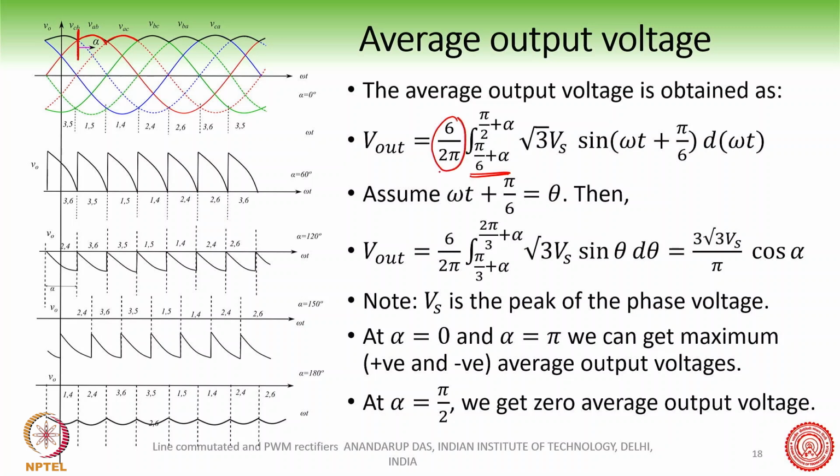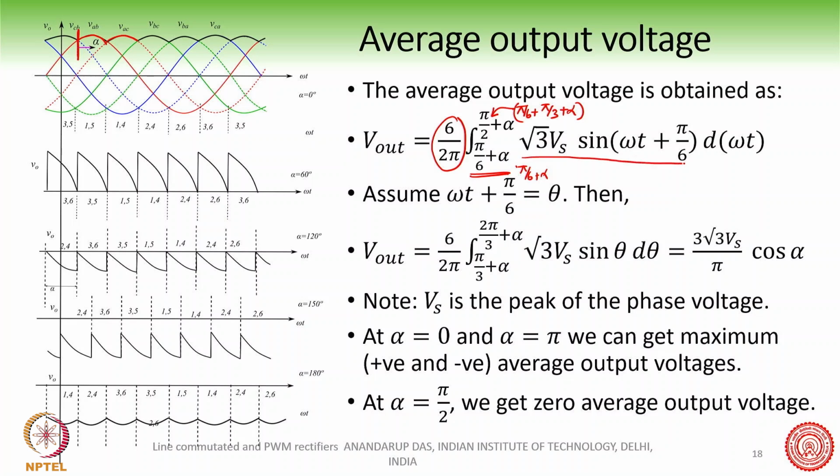So the starting point is pi by 6 plus alpha, and the ending point is pi by 6 plus pi by 3. Pi by 3 is the duration, because each lobe is 60 degree, which means pi by 3. So pi by 6 plus pi by 3 plus alpha comes out to be pi by 2 plus alpha.